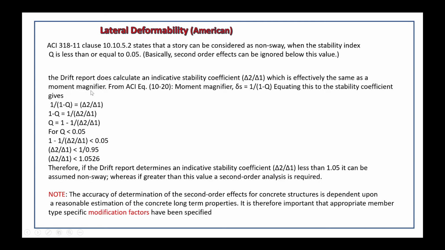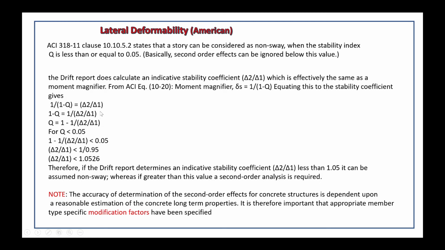The moment magnifier from the ACI code, delta S, is equal to 1 over 1 minus Q. So 1 over 1 minus Q is equal to this indicative stability coefficient, delta 2 over delta 1.